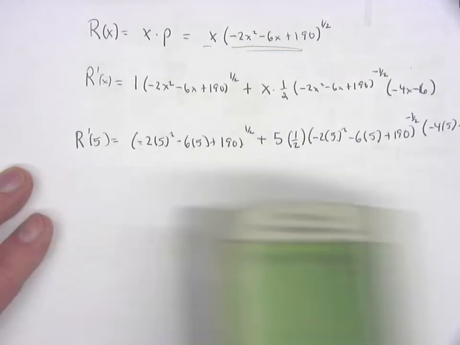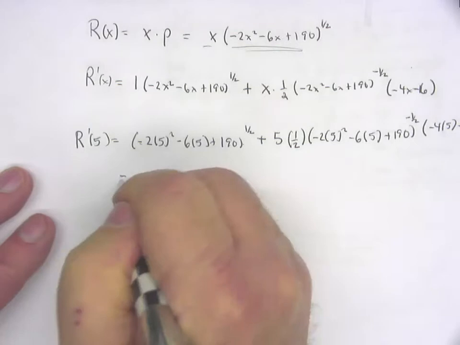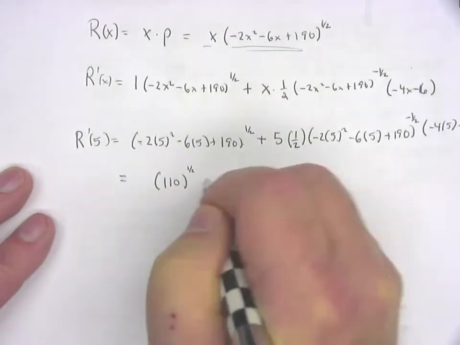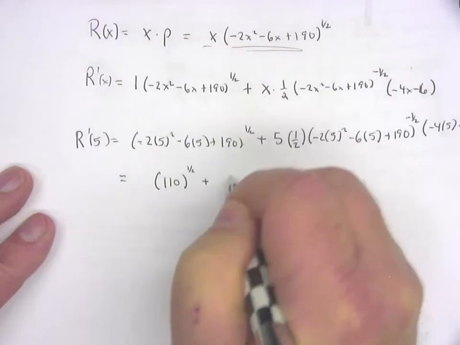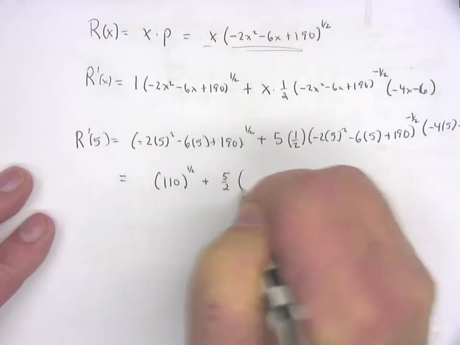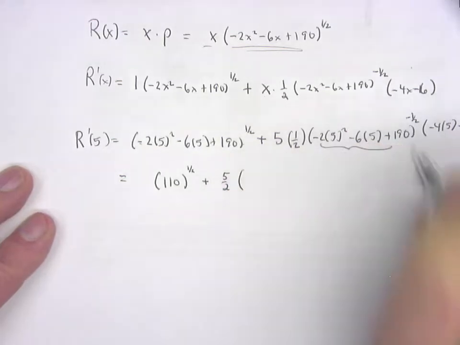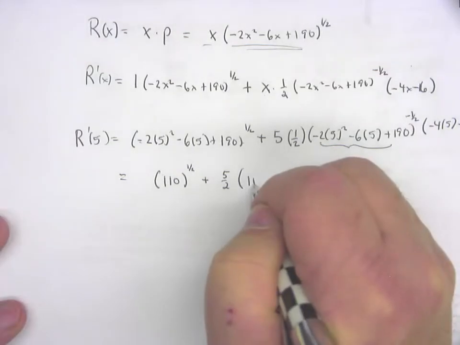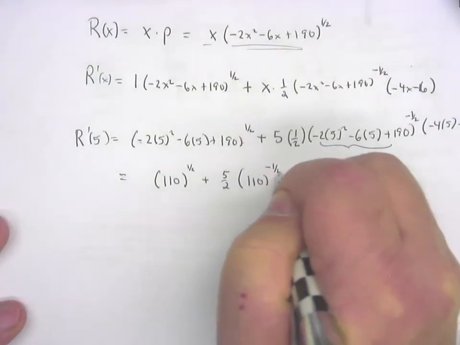So this part, this is 110 raised to the 1/2 power plus 5 times 1/2 is 5 halves. But notice inside this parentheses is the exact same thing, that negative 2x squared minus 6 times 5 plus 190, which we just calculated. That's 110 raised to the negative 1/2 power, right?